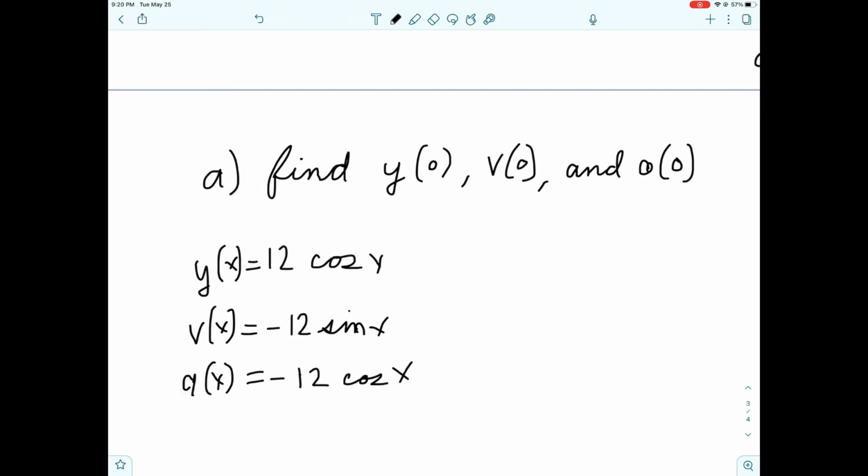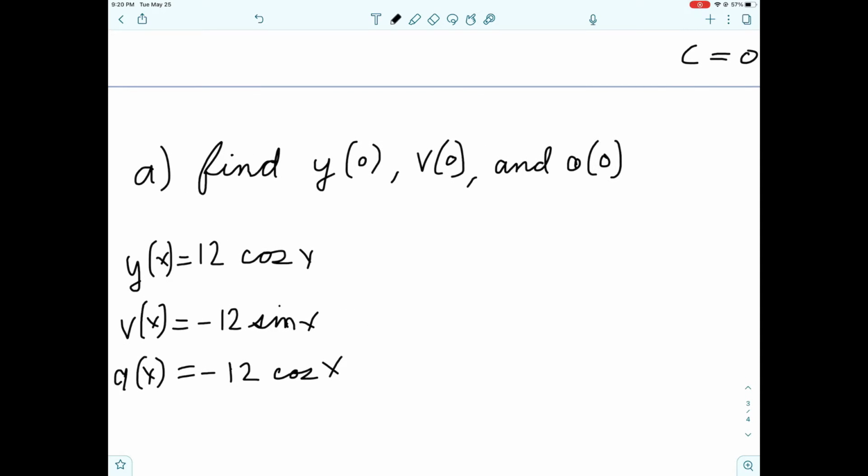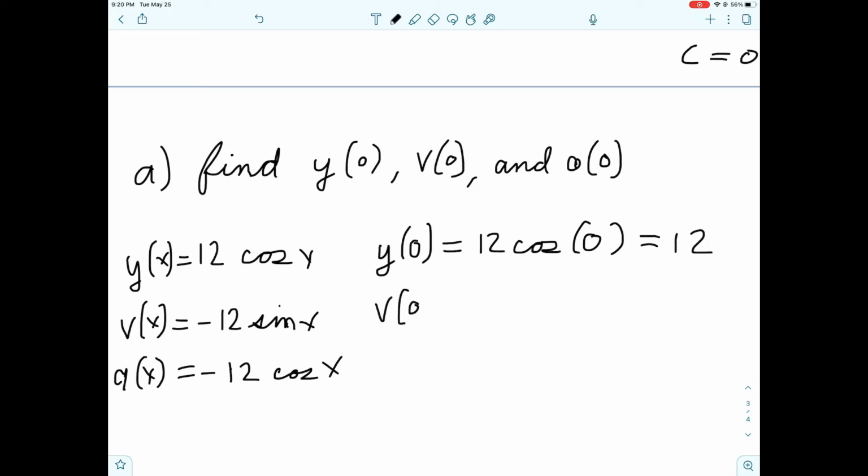Now, a generic problem like this will ask us to find one of these types of data at a certain point. So we'll go ahead and do that for point 0 for all of these equations. So I copied all the equations that we have down here from above, and we're going to find position at 0 equals 12 cosine of 0, which is equal to 12 because cosine at 0 is 1.